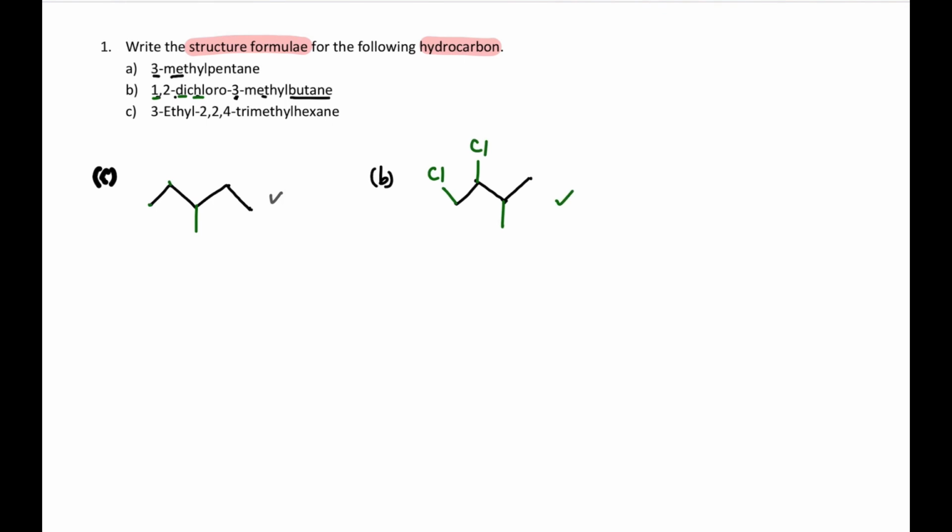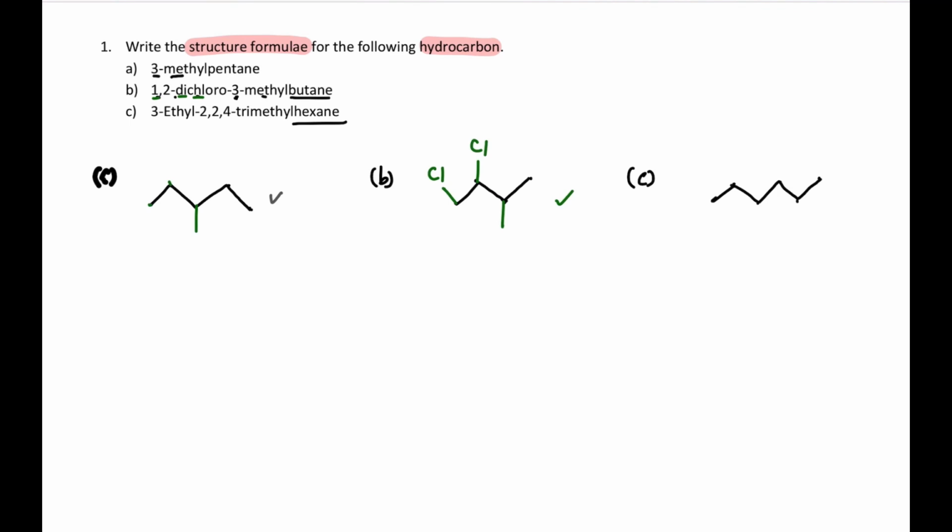Okay, let's go to question C. C, we got 3-ethyl-2,2,4-trimethylhexane. Okay, so we're gonna start with the parent first, which is hexane. 1 2 3 4 5 6. Okay, that's hexane. And then we got 2,2,4-trimethyl.